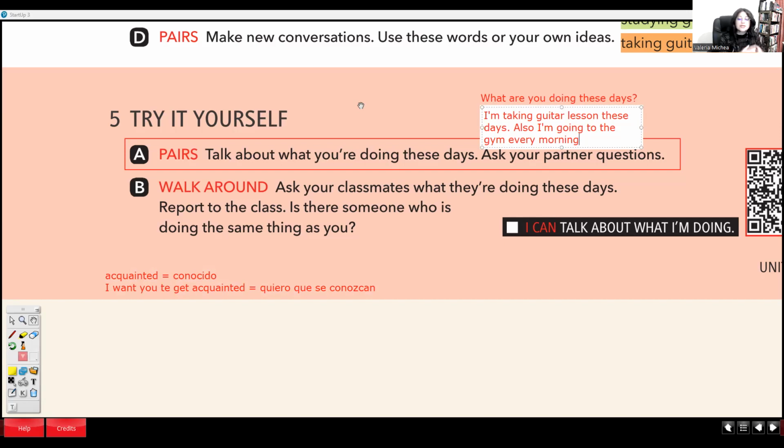You have to share information as much as you can, even if it's difficult, even if you don't have the words, even if sometimes you have to use Spanglish. That's perfect. Don't use Spanish all the time. That's not necessary. That's not going to help you. But try your best to express your ideas in English, even if it's hard, even if you are embarrassed, even if whatever is going on in your head right now.